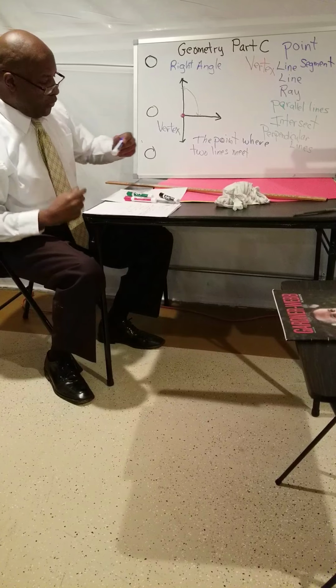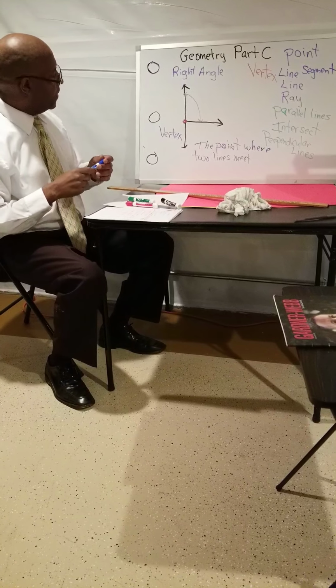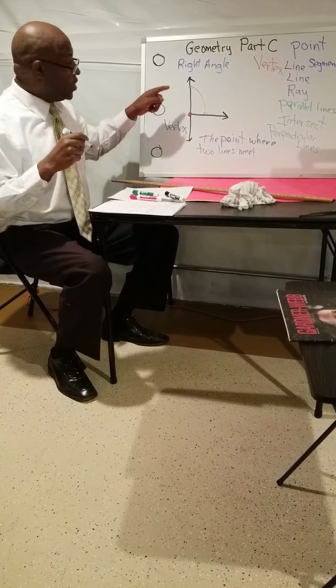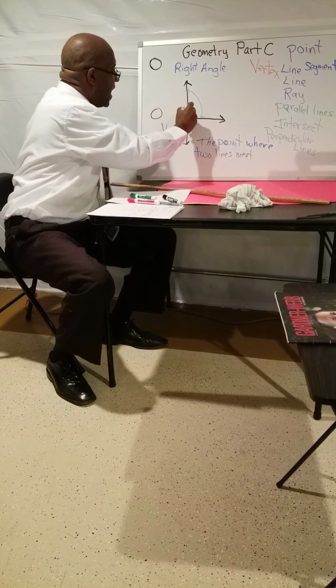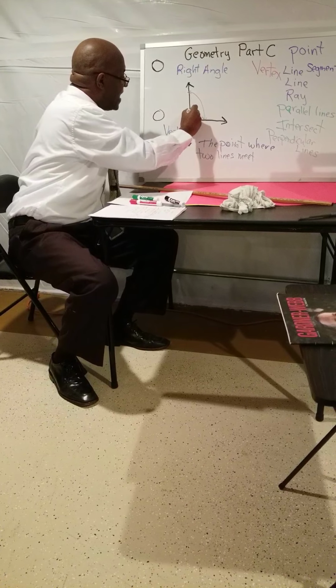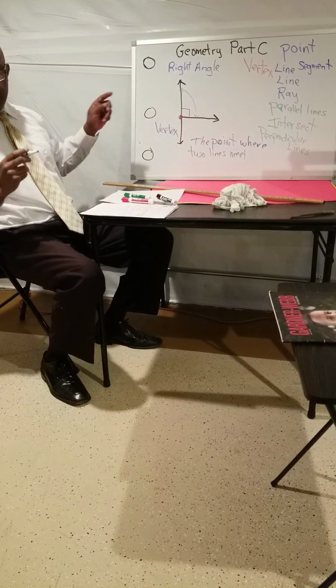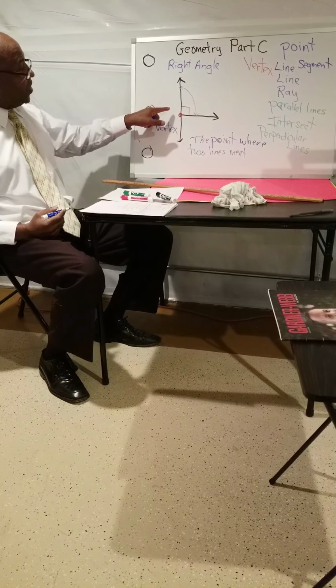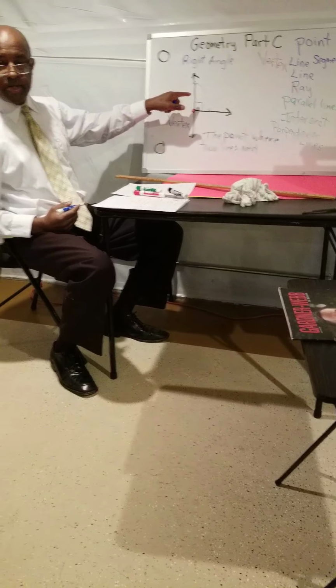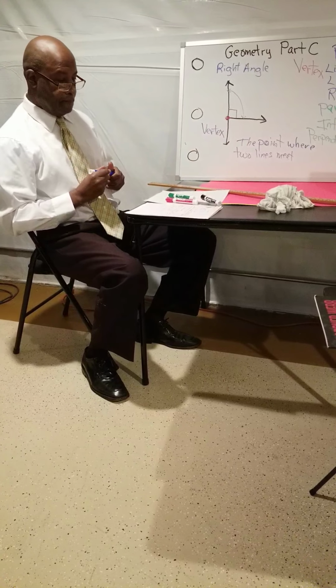And you may see this also, it may look like this here, and 9 times out of 10, you will see a little box. If you see that box, you know that this angle is a right angle, okay?